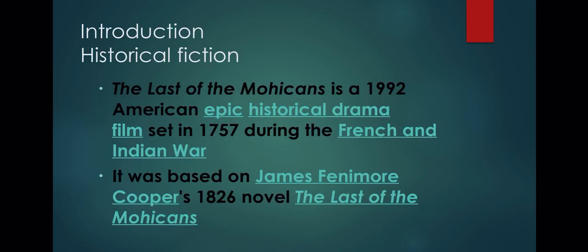It was based on a novel, which is The Last of the Mohicans, and its genre is historical fiction. So it is a film that was based on a novel, which was written based on the war which happened between the French and Indians against the British people. Okay.